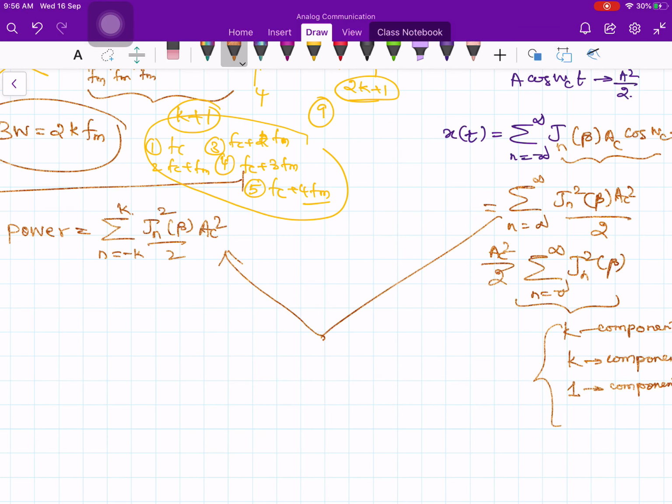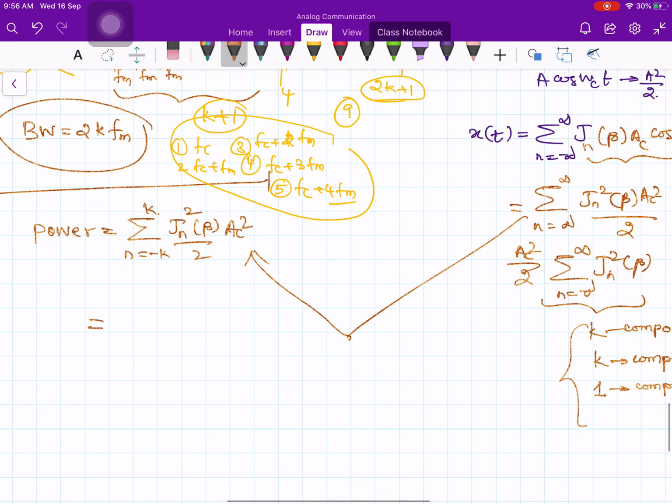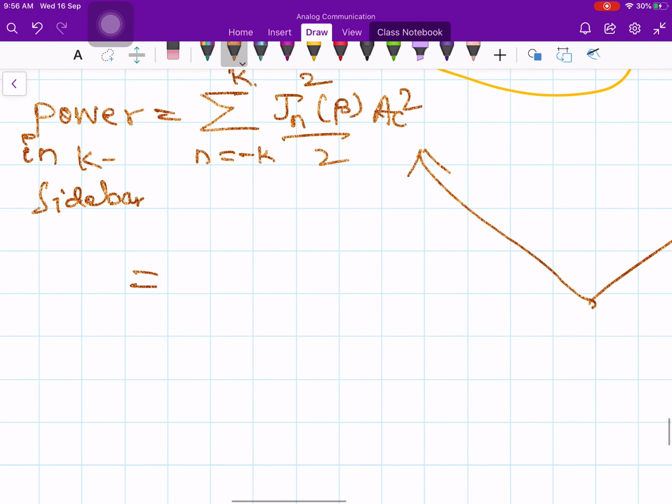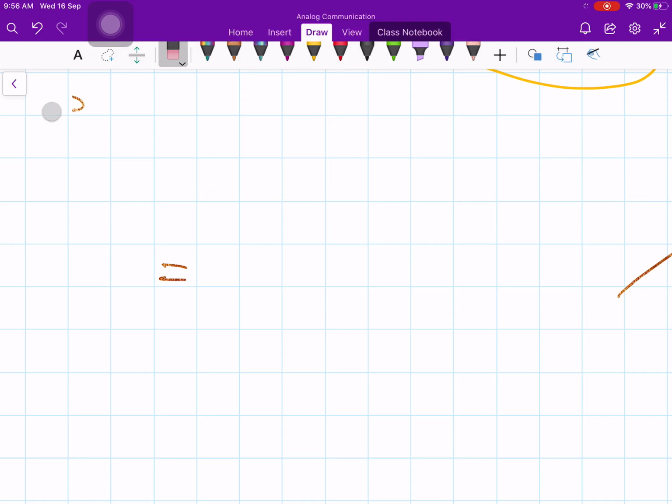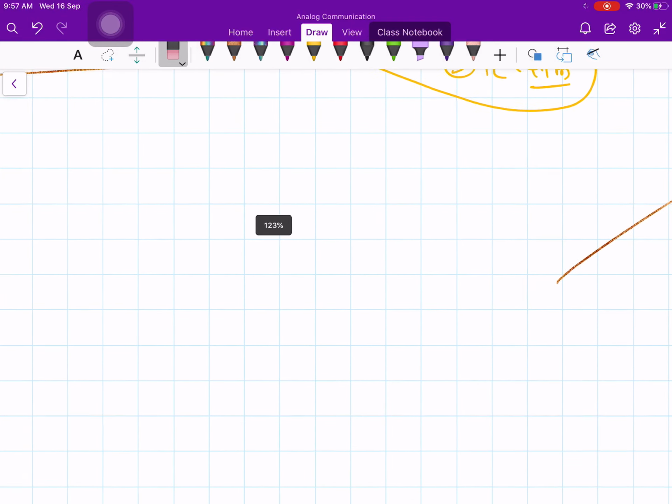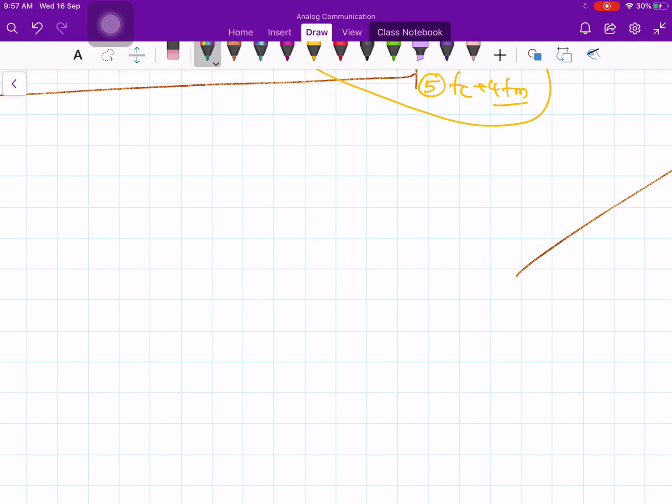So power in k sidebands. Maybe I'll write them properly. I mean k upper sidebands, k lower sidebands.